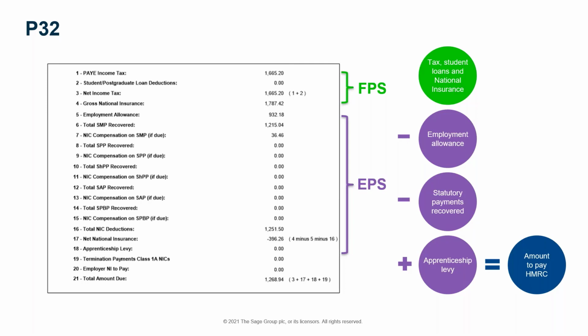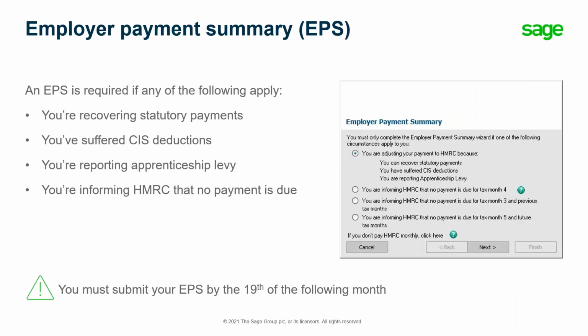So once you've subtracted anything you can reclaim and added on any apprenticeship levy, that gives you the amount payable to HMRC. And that's just a recap of the scenarios where an EPS is required. And keep in mind that must be submitted by the 19th of the following month.